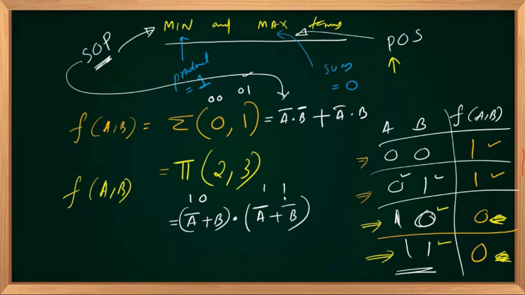So while writing the max term expressions, you should take care that the variable with logic 1 should be complemented, and the variable with 0 should be repeated as it is. Whereas in case of the min term expression, the variable with logic 0 should be complemented, and the variable with logic 1 should be repeated as such.